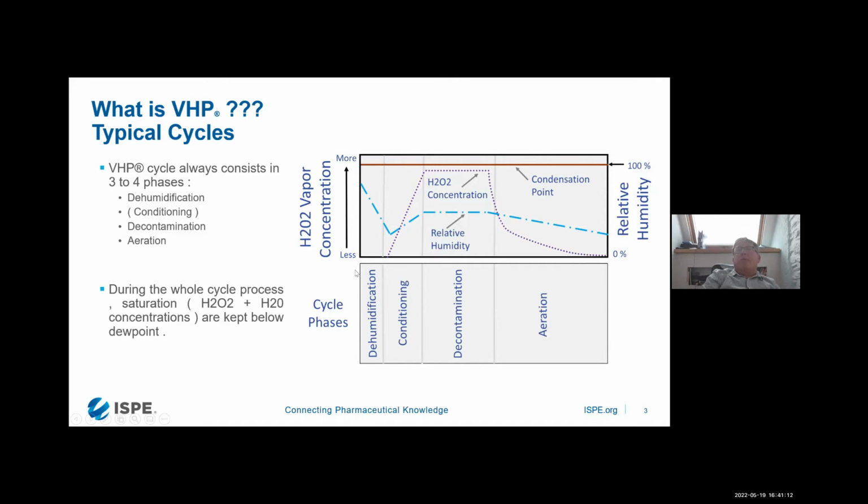During the whole process, the most important thing is that we keep this concentration, which I will call saturation. Saturation is the combination of the H2O2 and H2O concentration below the dew point. We don't want to see any condensation. The reason behind that is nobody can measure condensation.